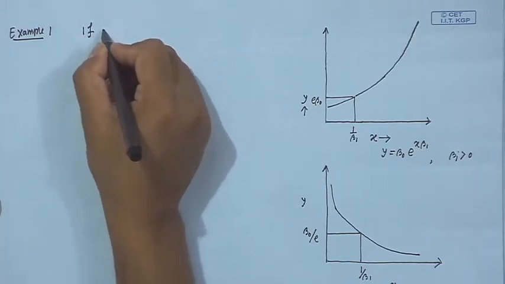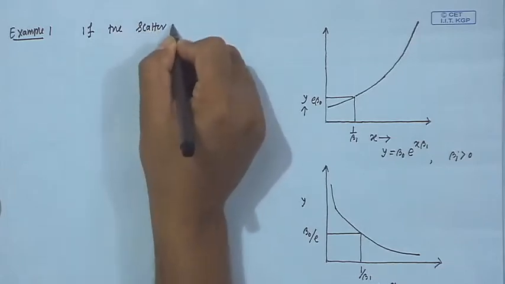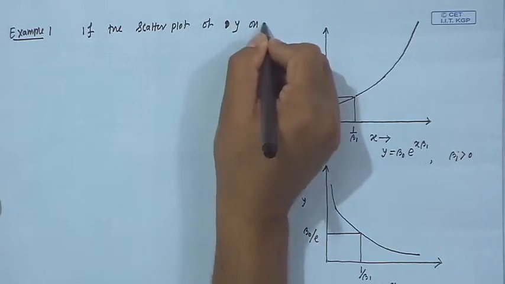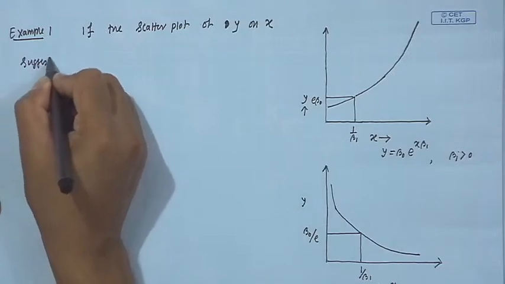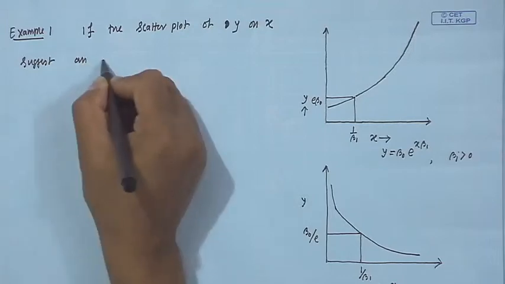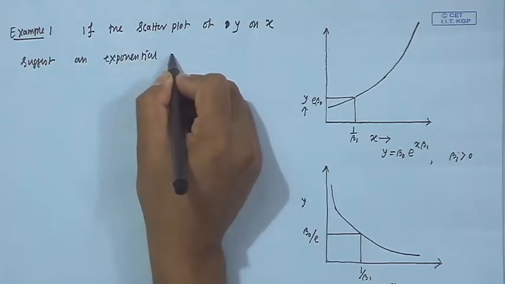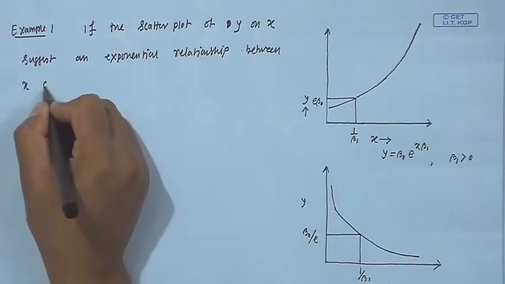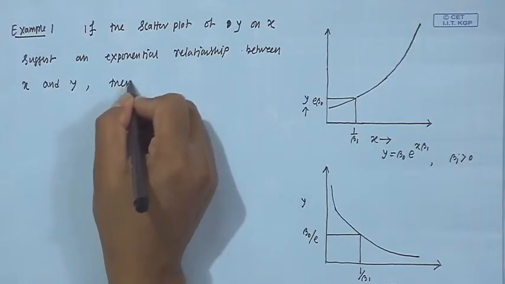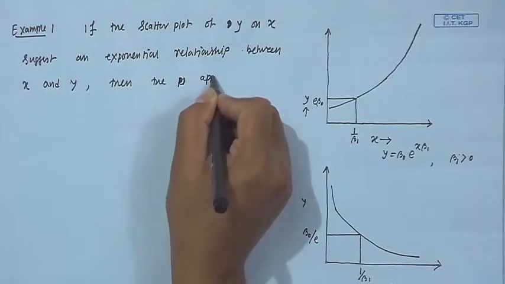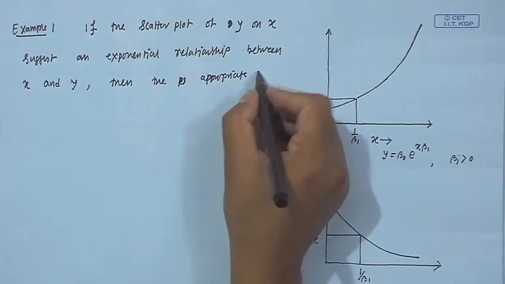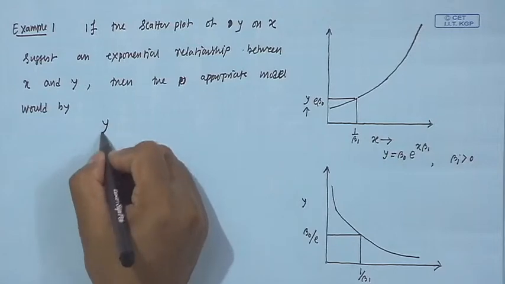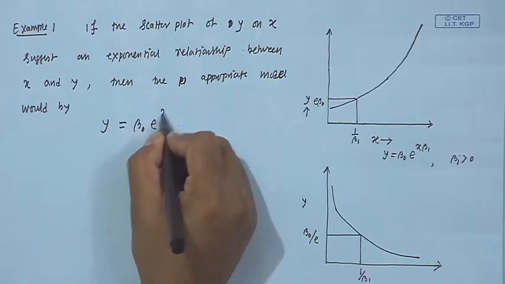If the scatter plot of y on x suggests an exponential relationship between x and y, then the appropriate model would be y equal to beta naught e to the power of x beta 1.